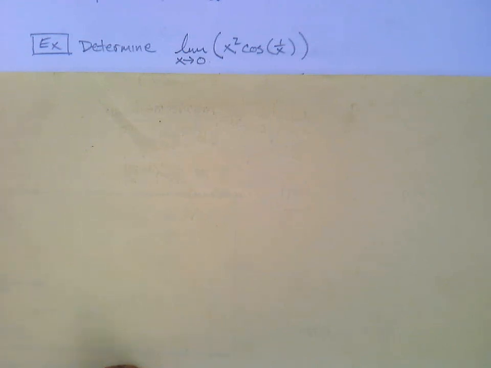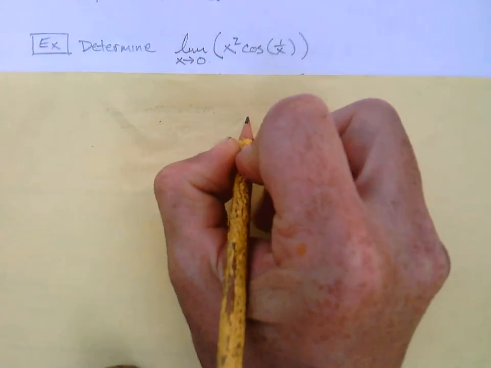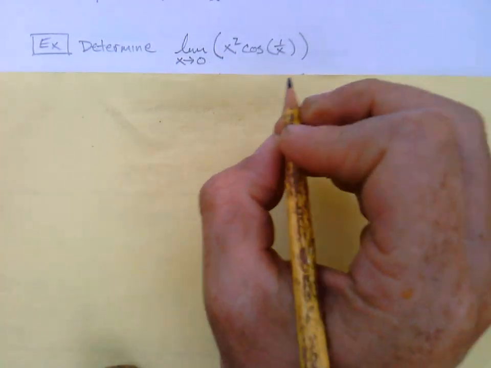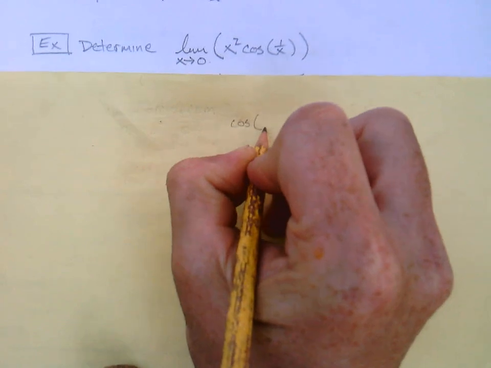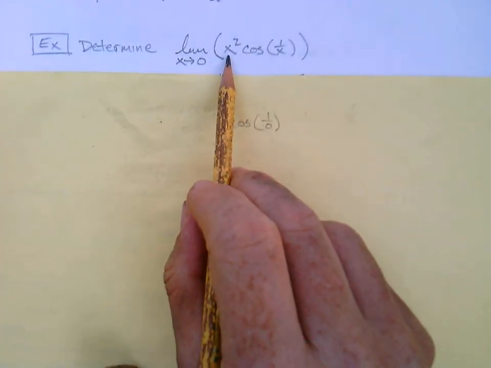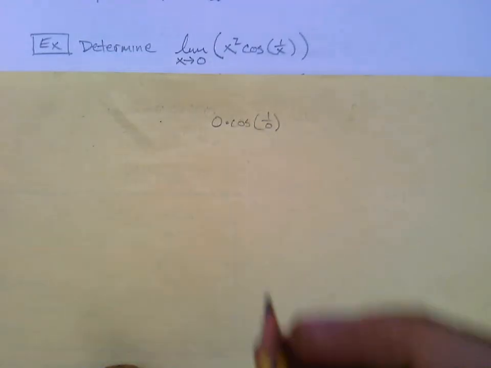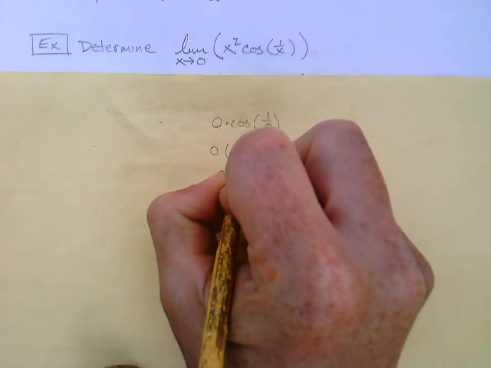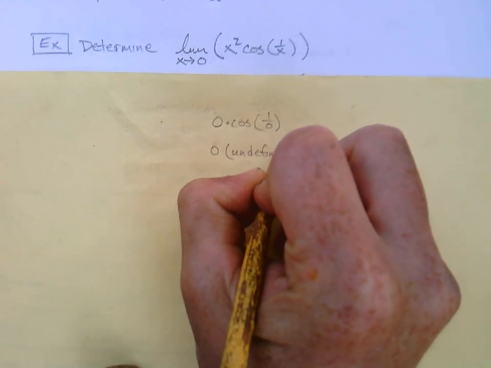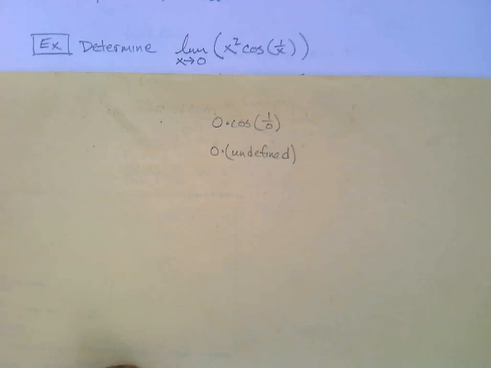You've got the cosine of 1 over 0, which is undefined. Not only that, but you're multiplying it by 0. It's like 0 multiplied by undefined. Like, what? Okay, this is not good.